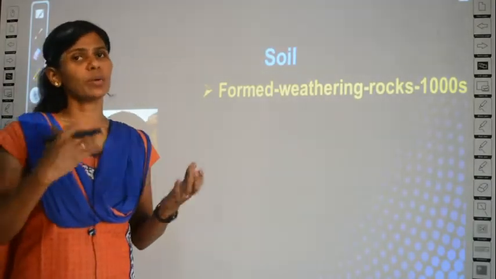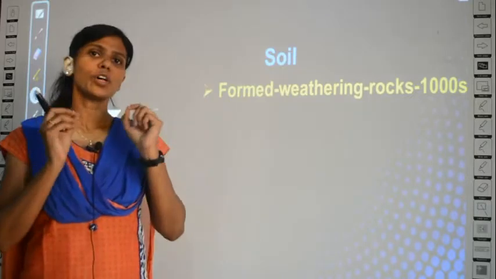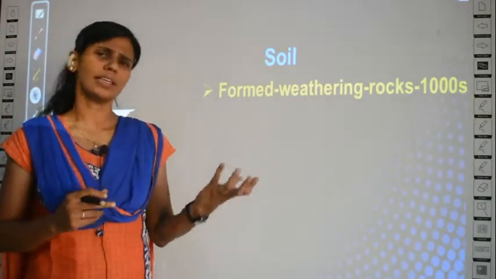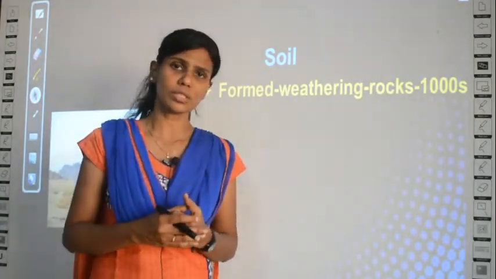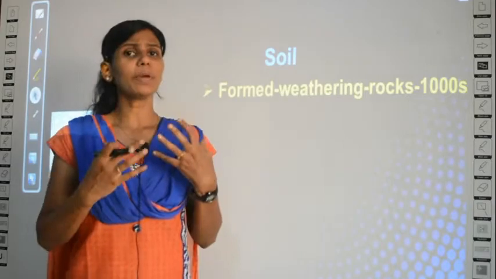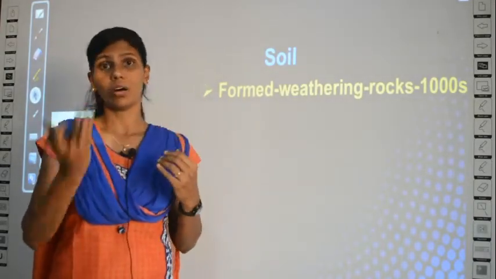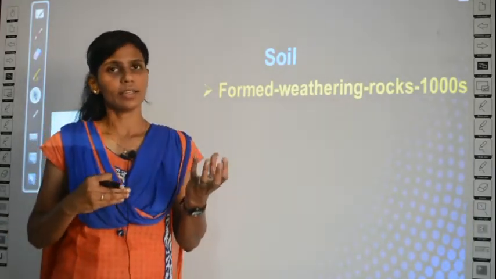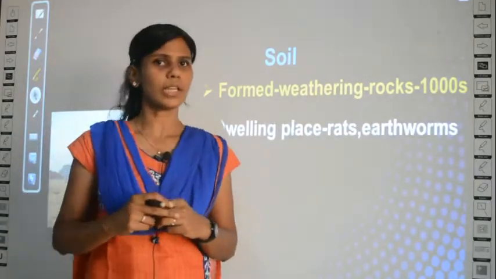When it is hot and cold again and again, the rocks will break into small pieces, and that is what is found as soil. But it doesn't happen in 1 or 2 days. After thousands of years of repeated heating and cooling on an object, it will break down into small soil particles. That is how soil is formed.